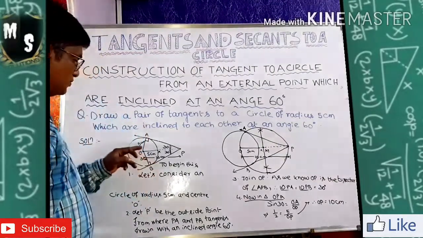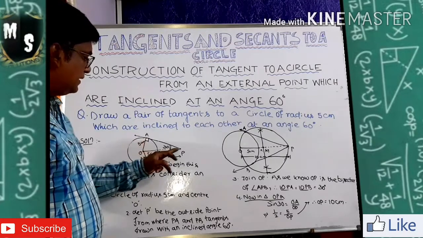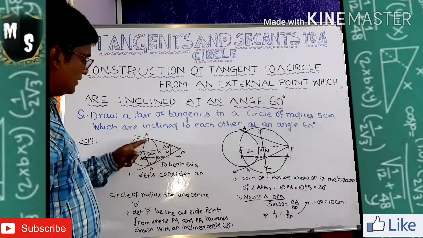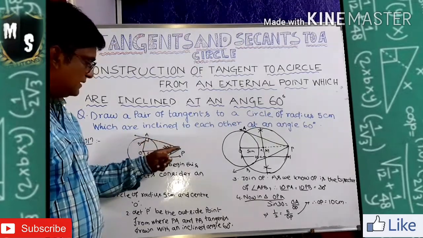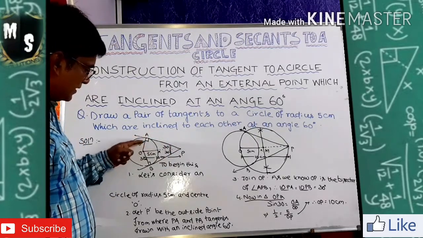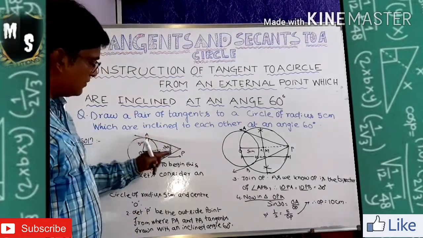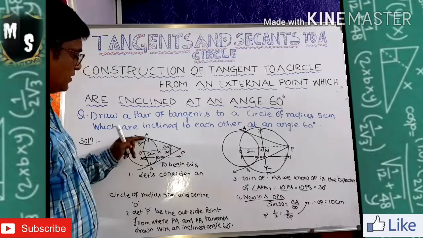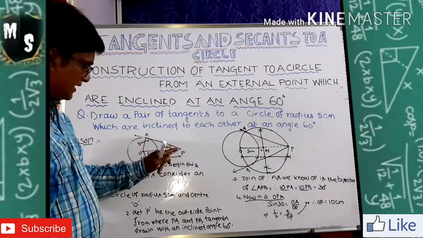Okay. So now you see, here is a right angle triangle. In this right angle triangle, this is the perpendicular, this is the base, and this is the hypotenuse. Clear? Understood? Because at A the 90 degree is there, and at P the 30 degree is there.